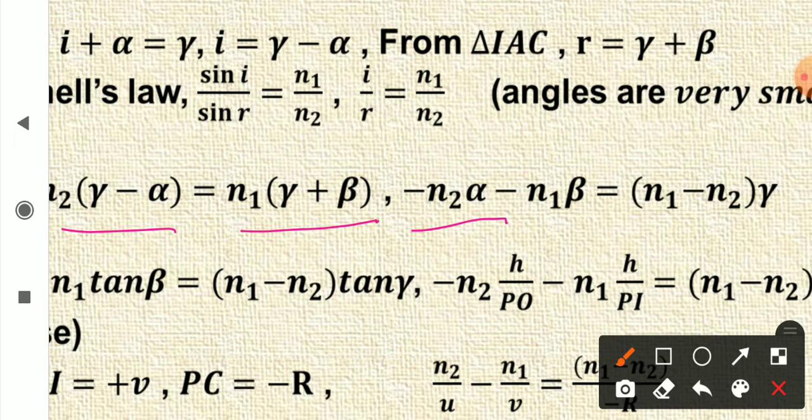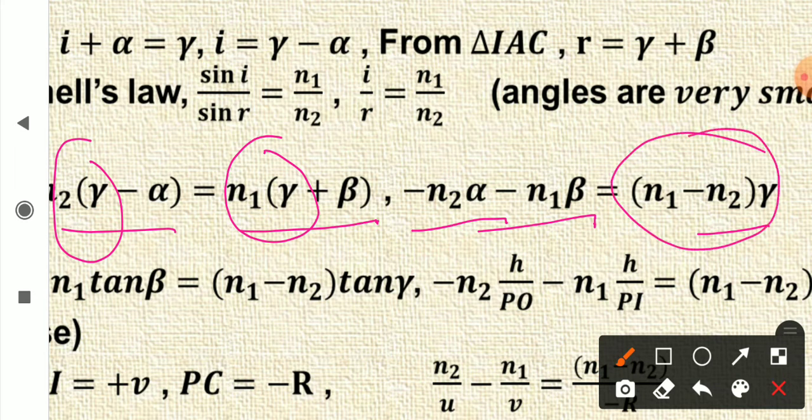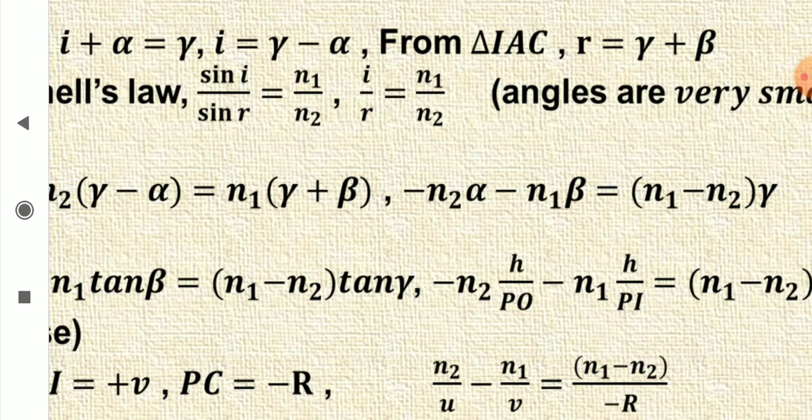Take it to the left side, it becomes minus n1 beta, and on the right side you get plus n1 gamma, and from the left side n2 gamma is there. When you take it to the right, it will become minus n2 gamma, and taking gamma common, you will get n1 minus n2 gamma. So if you have any problem, you can do it in 2 steps.